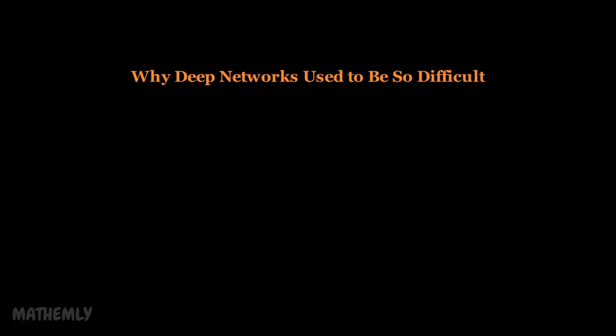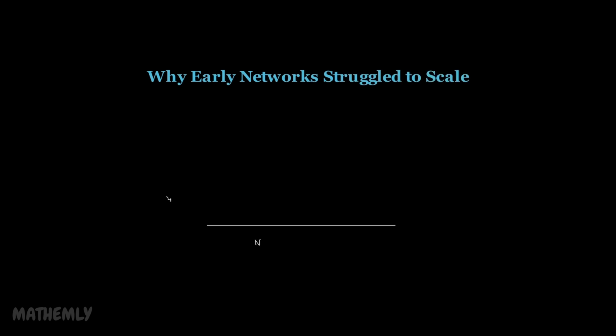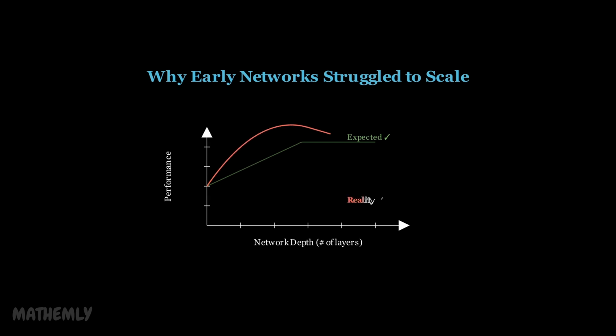These gradient problems are one of the main reasons why training deep neural networks used to be so difficult. As networks get deeper, gradients must travel through more layers, and the risk of a gradient vanishing or exploding increases. This explains why early neural networks struggled to scale and why deeper models didn't always perform better.